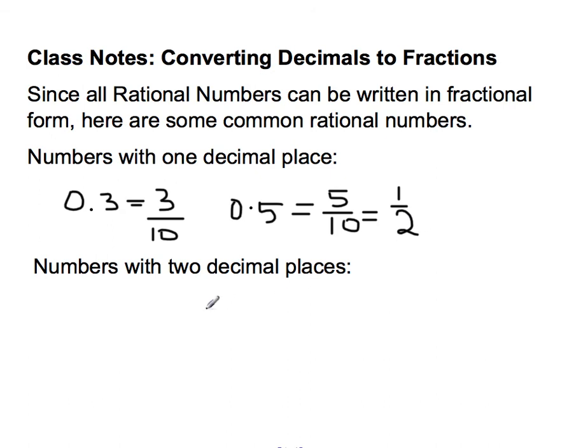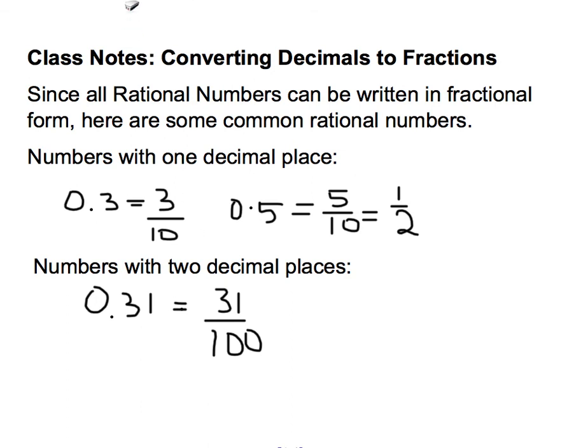Okay, so two decimal places. So say I have 0.31. Those decimals get put over 100 because I have two decimal places. Or my last digit ends, whoops, that's supposed to be a 1. My apologies. Let me just get an eraser and erase a little bit here.